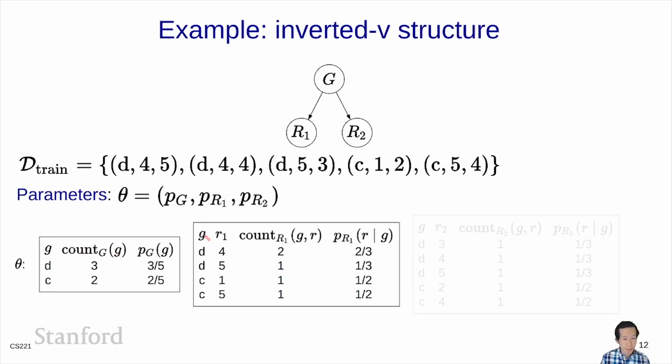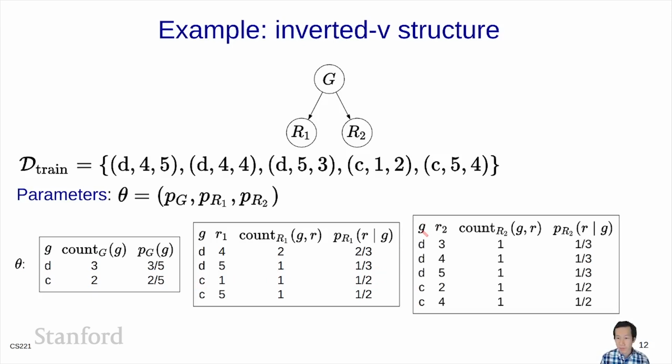Probability of R1 given G is you count and normalize. Again, remember that I'm normalizing over possible values of G. So you can partition the rows based on the value of G. So here I have 2 and 1, and I'm normalizing 2/3 and 1/3. And G equals C is just handled separately in a separate normalization.